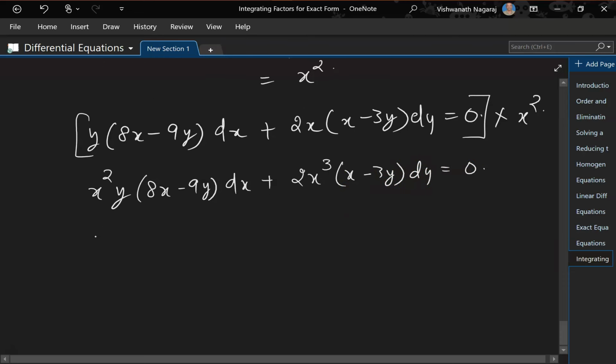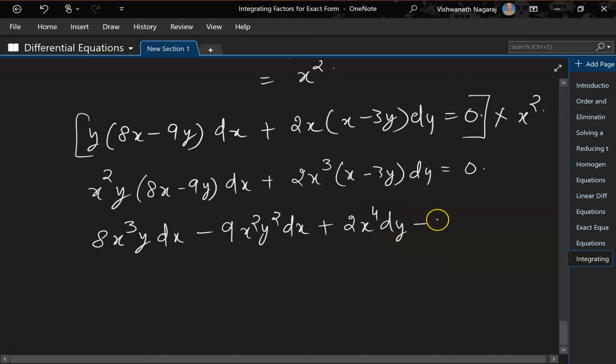Let's expand it: 8x cube y dx minus 9x square y square dx plus 2x to the power of 4 dy minus 3 times 2, 6x cube y dy equal to 0.